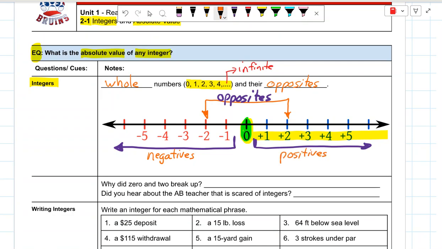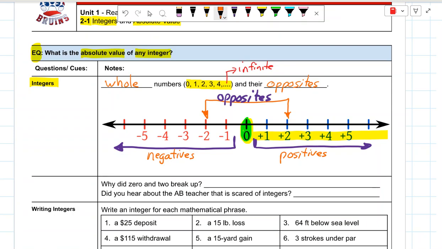Now you can see that 0 doesn't belong to either the negatives or the positives. It is not positive and it is not negative, but it is an integer. So all of these numbers that you see here, infinitely in both directions, are integers.